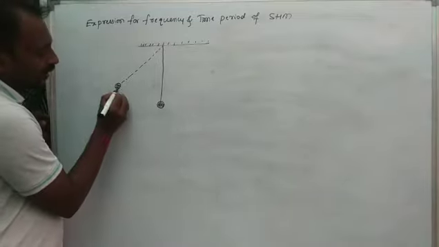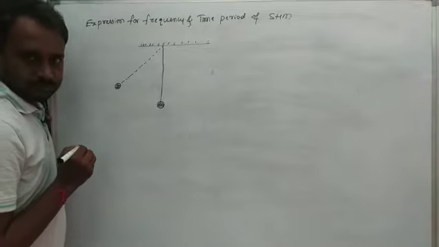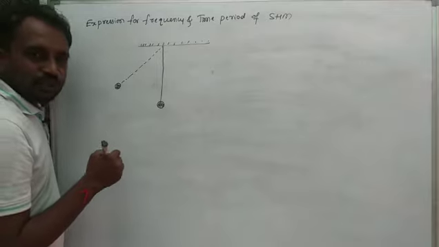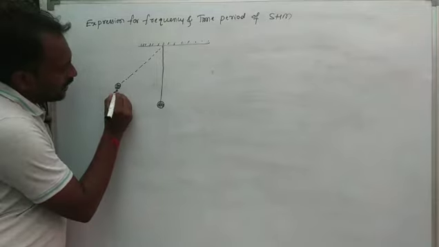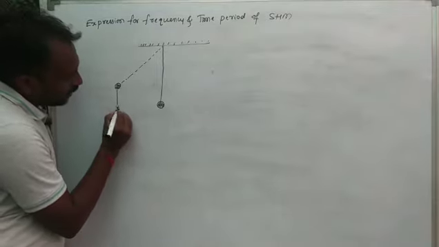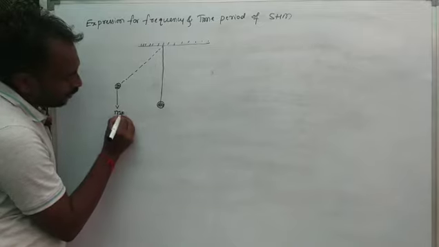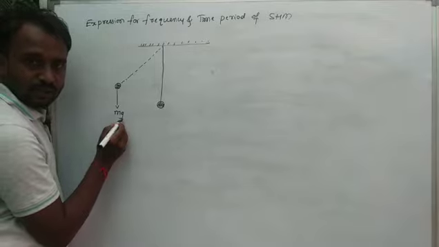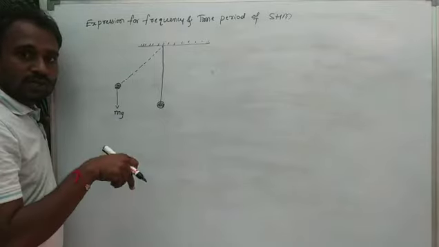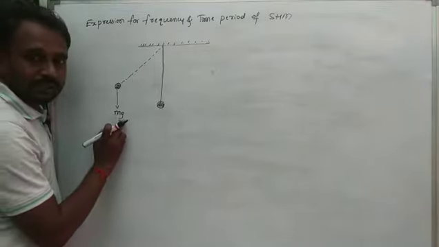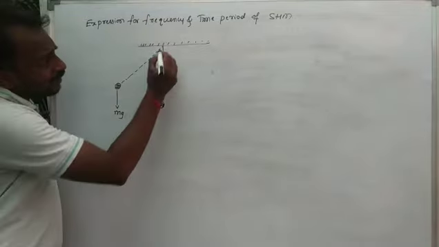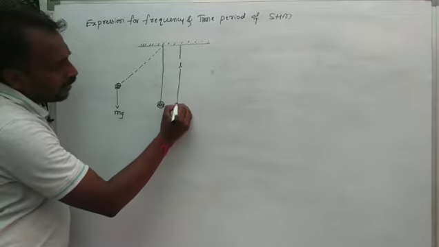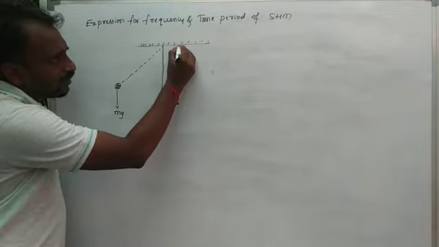Here m is the mass of the bob, and downward we consider the acceleration due to gravity. So in this direction the force is m into g, where m is the mass of the bob and g is the acceleration due to gravity. The length of this pendulum is L.